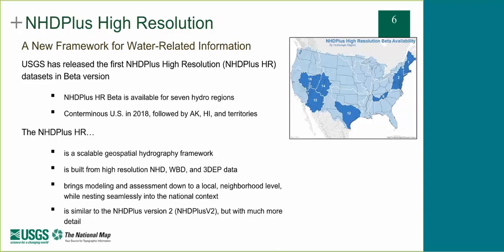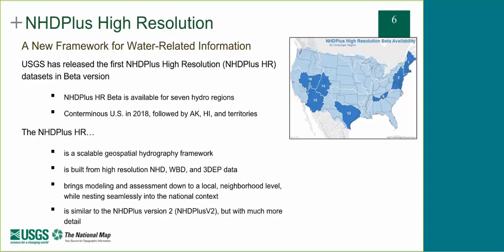We are continuing to work on the rest of the conterminous US, which we expect to complete sometime in 2018. And then we'll be following that with working to complete the data for Alaska, Hawaii, and the U.S. territories in the following years.